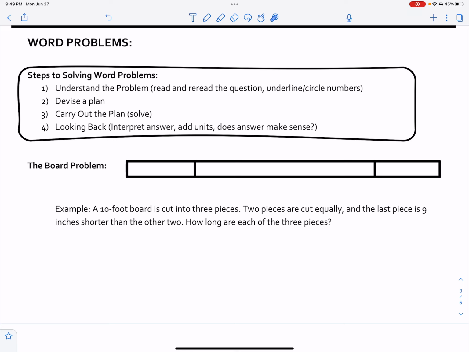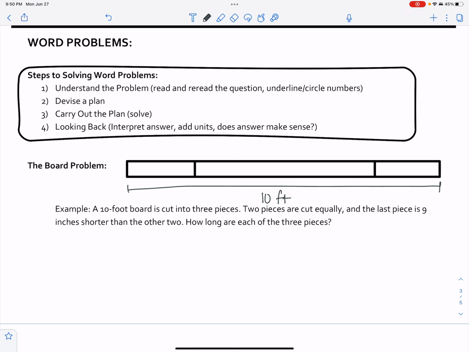So here's our board problem. A 10-foot board is cut into 3 pieces. So I've got a picture. Here's my board, and we're cut into 3 pieces. And so I do know that this thing is 10 foot total. A 10-foot board is cut into 3 pieces equally. The last piece is 9 inches shorter than the other 2.